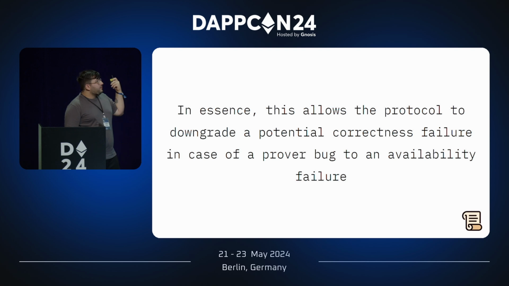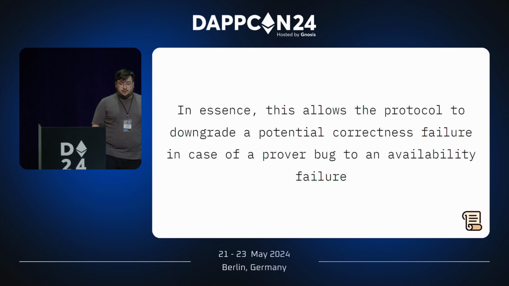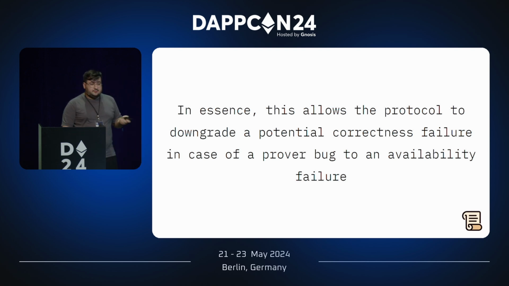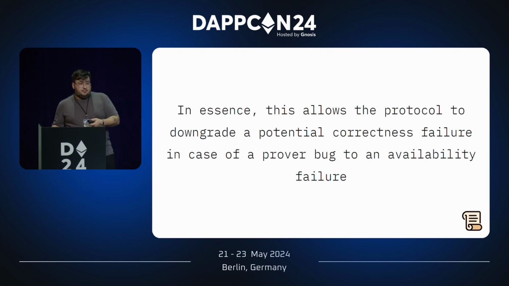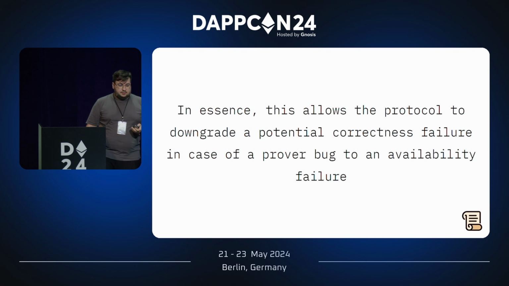You can think of it this way. This allows us to downgrade a correctness failure in case of a bug to an availability failure. Of course, if two of the provers have the same bug in them, then this doesn't really protect against that, but it's unlikely that you're going to have the same implementational bug in both of the provers.